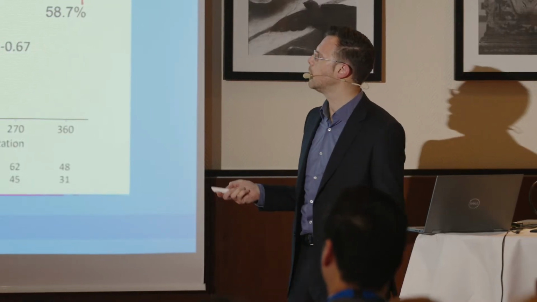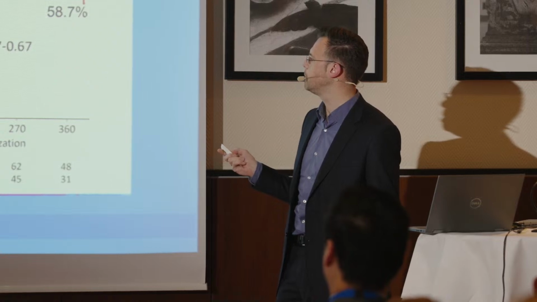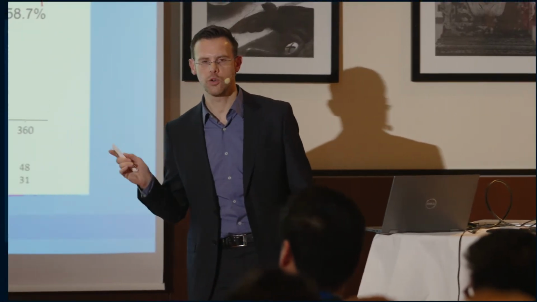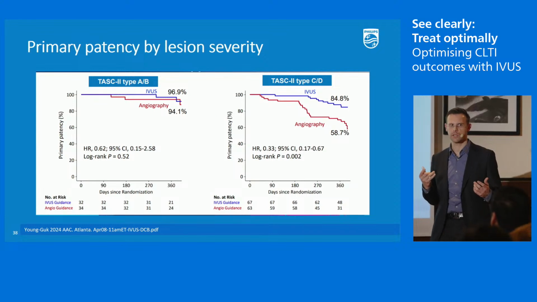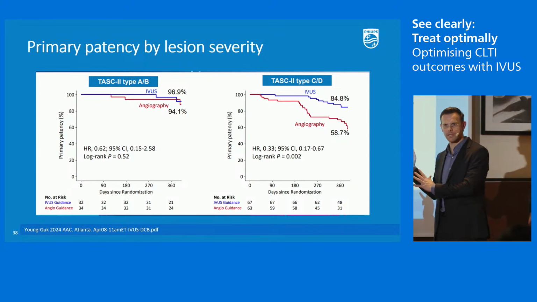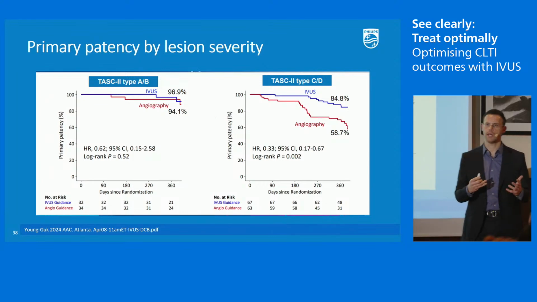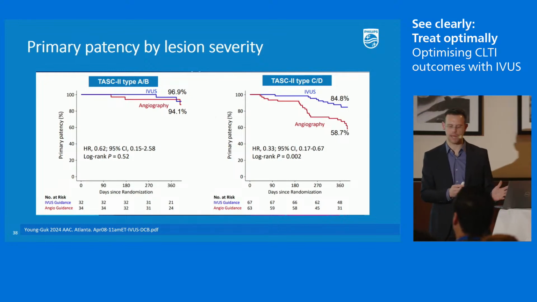Well, in this particular study, the benefit in terms of primary patency was greater in the more complex anatomical lesions. That sort of makes sense, doesn't it? And I think instinctively, if I know that I've got a more complex anatomical basis, I would probably use IVUS rather than where I know it is less complex, or I have more confidence in the duplex.